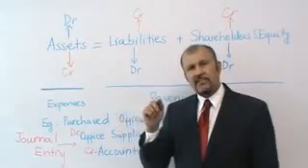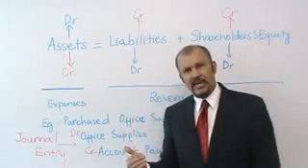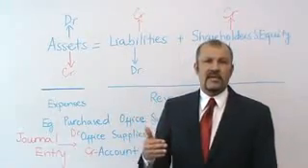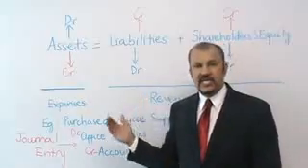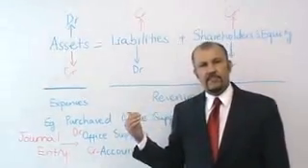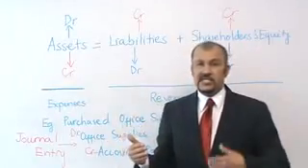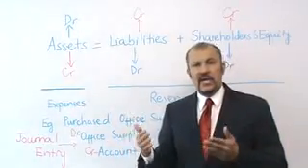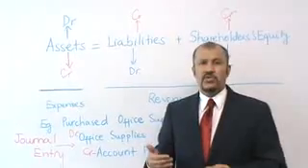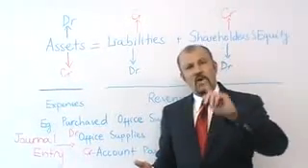Next, apply the same question to accounts payable. Has your accounts payable account increased or decreased as a result of purchasing $100 of office supplies on account? And as I just said before, you now owe $100 to Office Depot that you did not owe before.